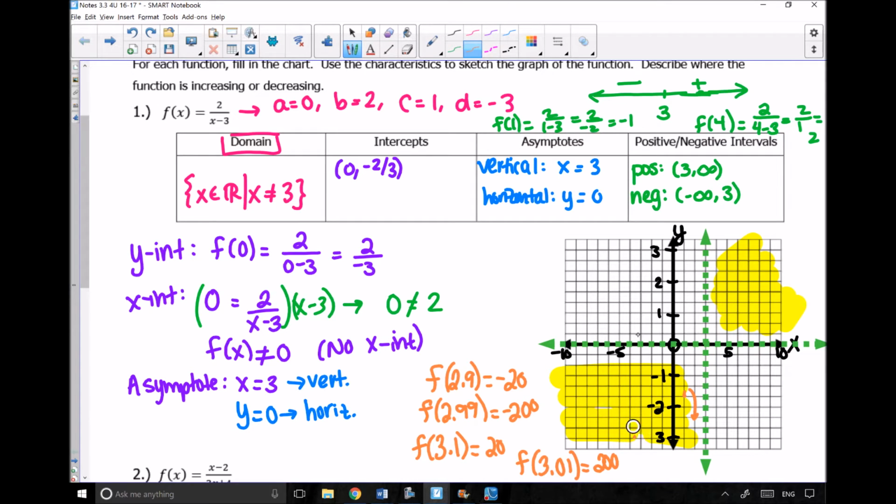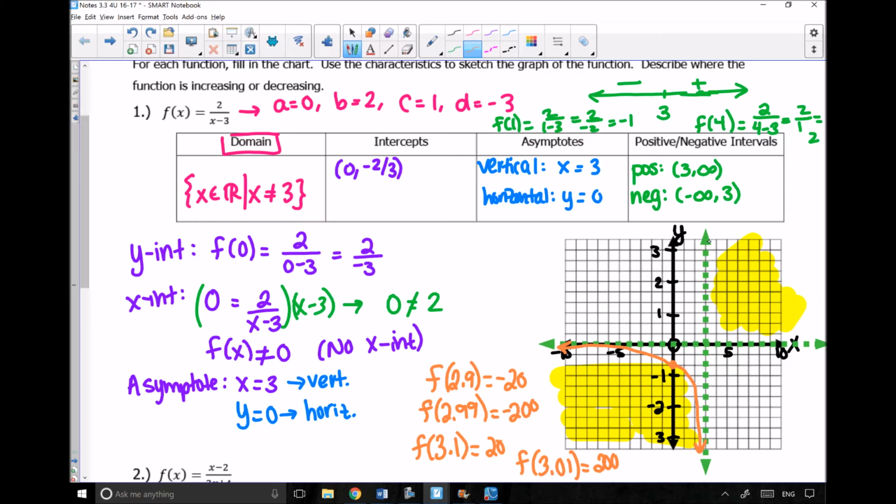Based on all that information, I can figure out right here that my graph will look something along these lines. Oh, and I forgot to put my y-intercept. So my y-intercept right here is -2/3. So right here, it's going to be approaching -infinity along the asymptote of x equals 3, and it's going to be approaching 0 along my horizontal asymptote of y equals 0.